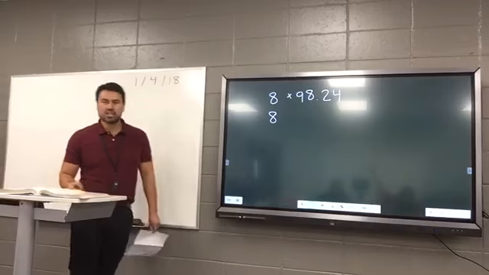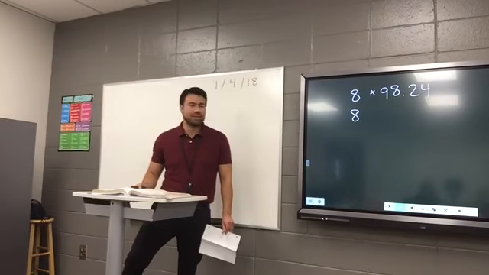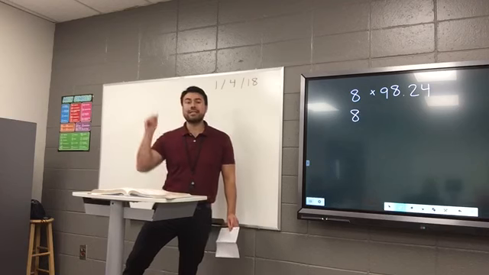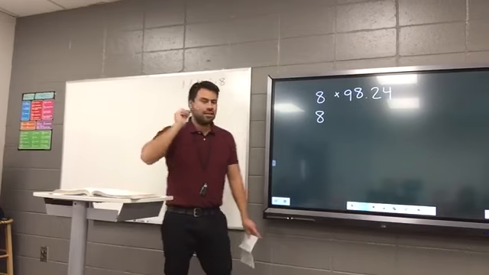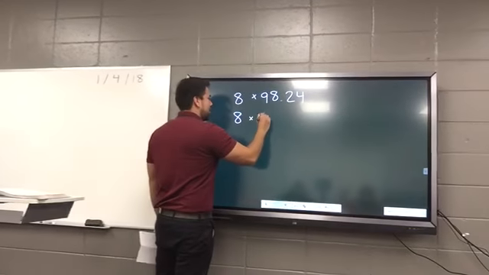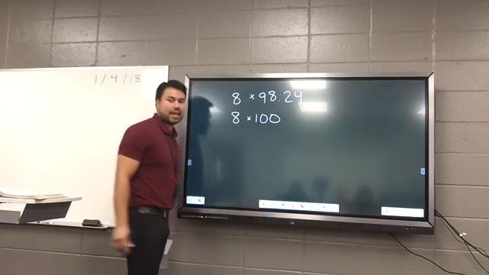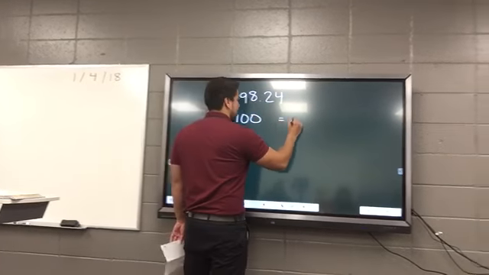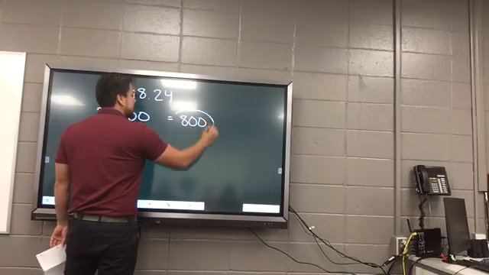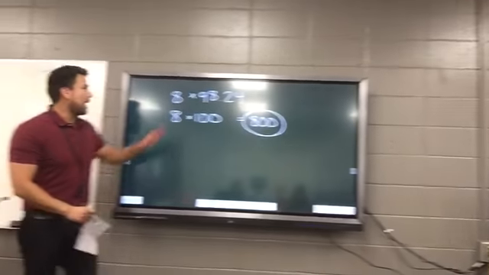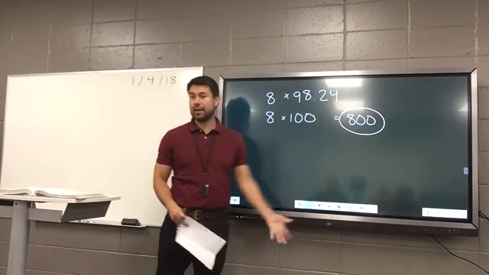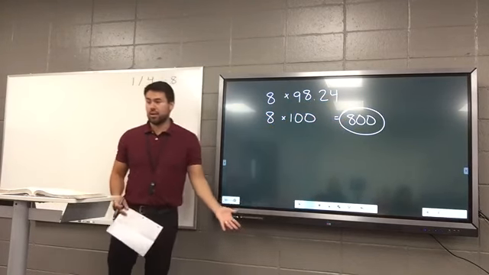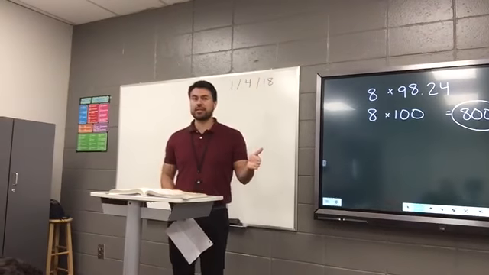But what do you think I should change 98.24 to make this easier to estimate? Bella? 100. So I'm going to do 8 times 100. And what's that? 800. That is an estimate. So 8 times 98.24 is approximately 800. Does that make sense? Okay, that's all you're doing in this lesson.